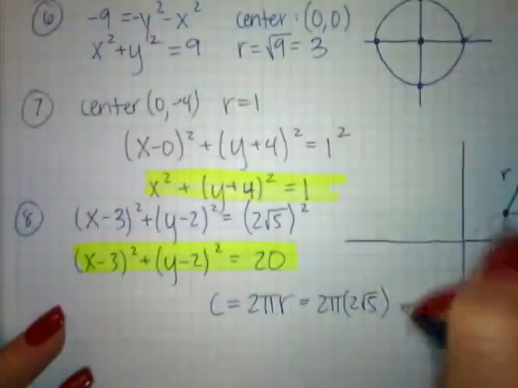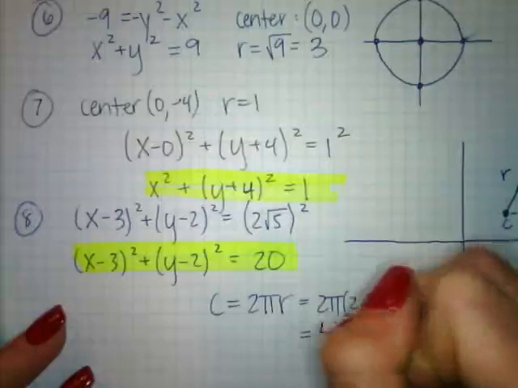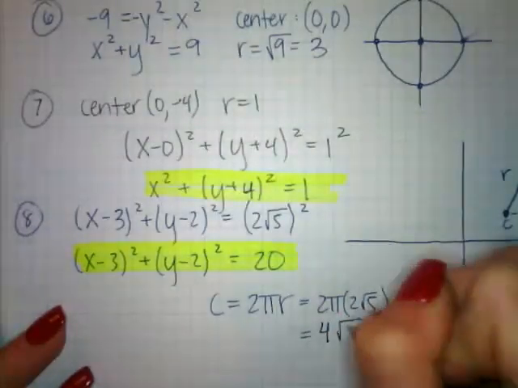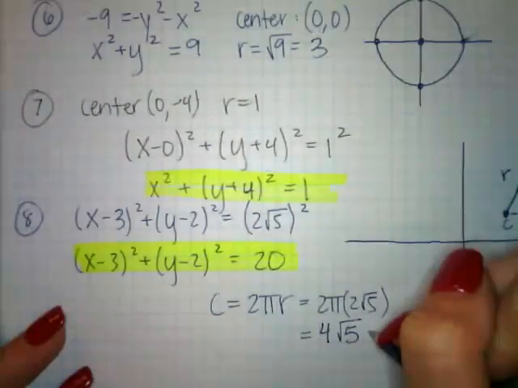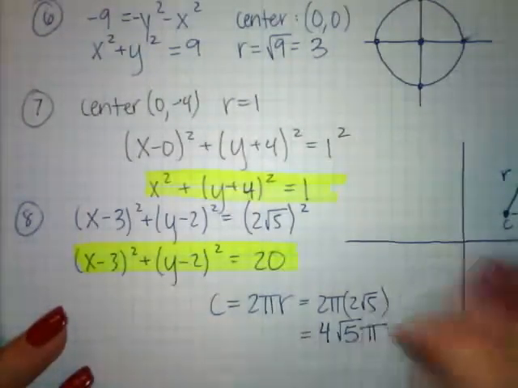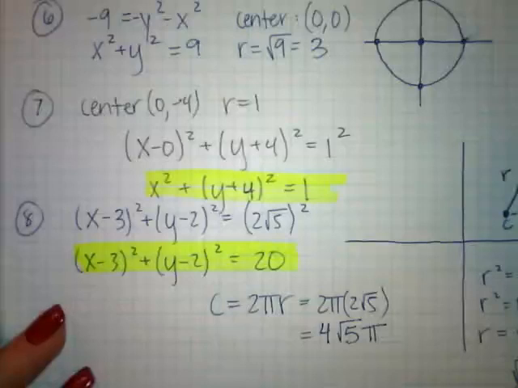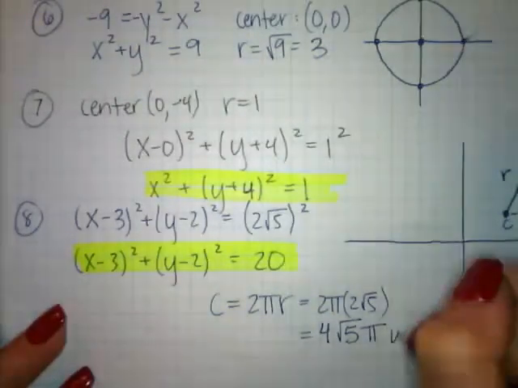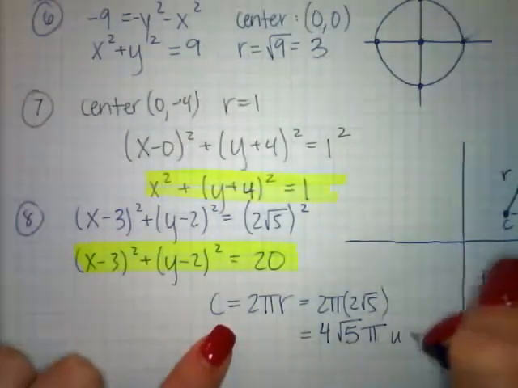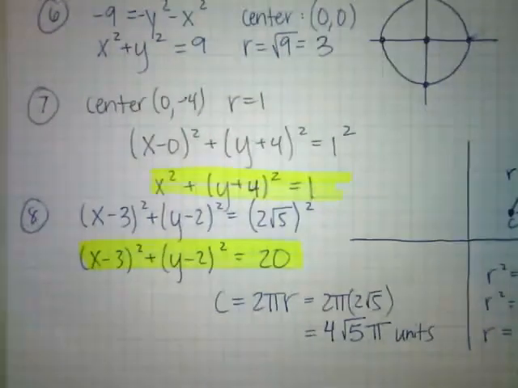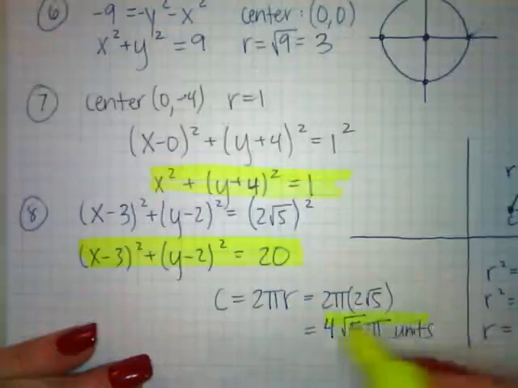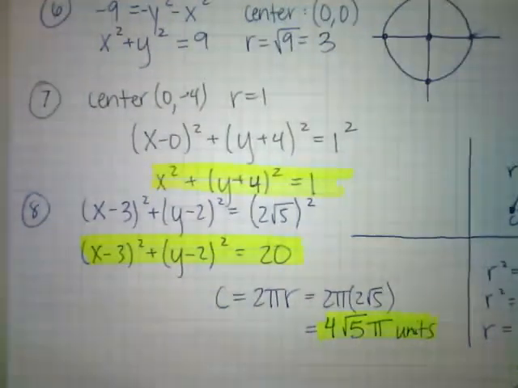When you simplify this, you're going to get 4 root 5 times pi. And circumference is just length, so that's going to be just units. Okay. And I'll leave my answer in exact form. If you wanted to approximate, you could use your calculator.